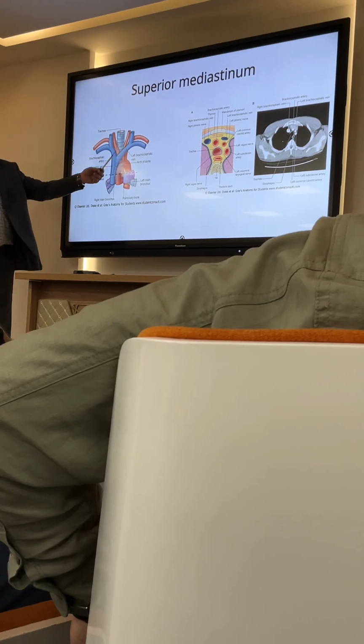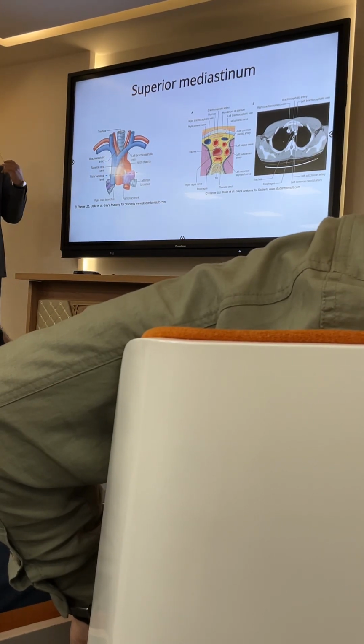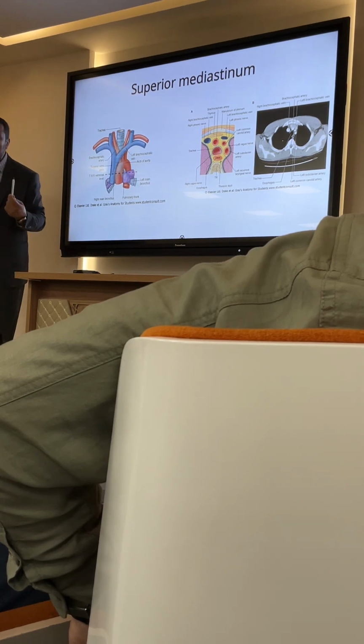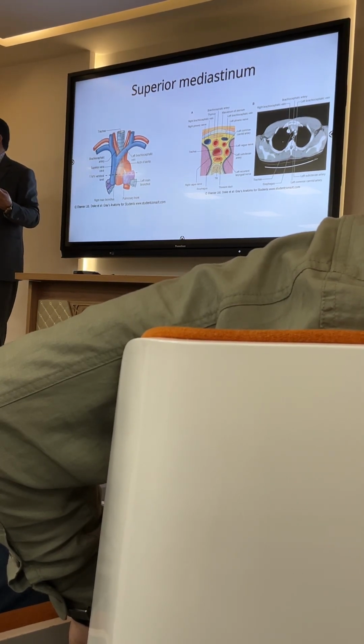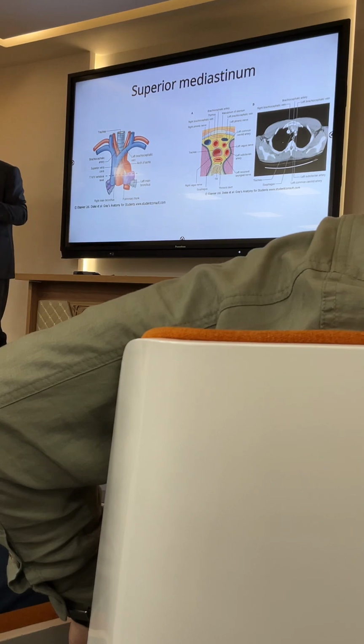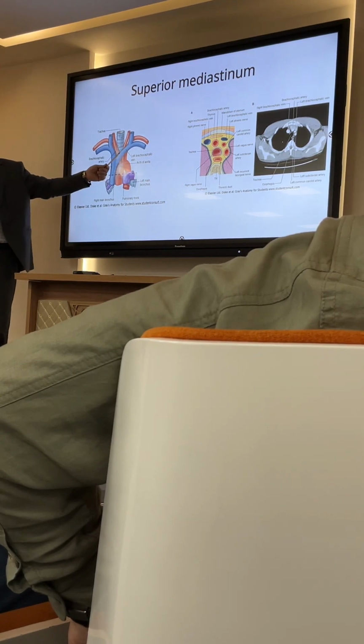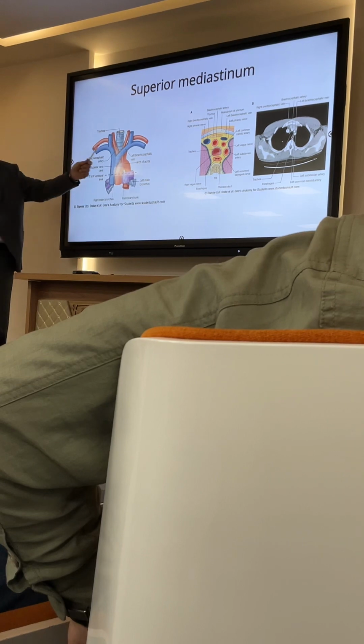You see here, the left brachiocephalic vein crosses anteriorly the large branches of the arch of the aorta: left subclavian, left common carotid, and brachiocephalic trunk.